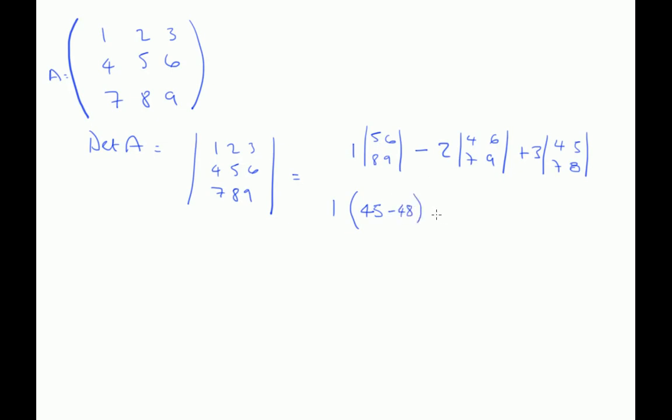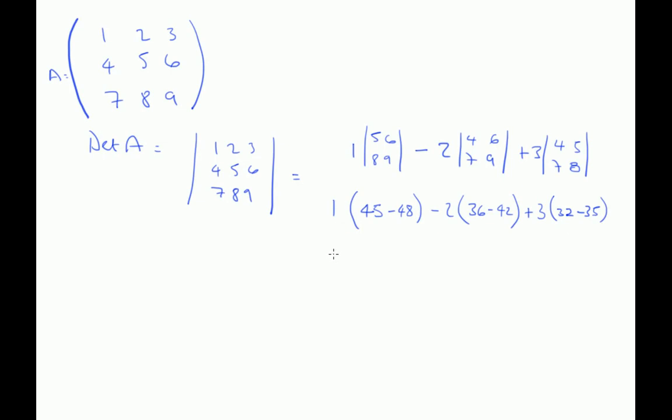Okay, minus 2 times 4 9s are 36, minus 6 7s are 42, and then plus 3 times 4 8s are 32, minus 7 5s are 35.